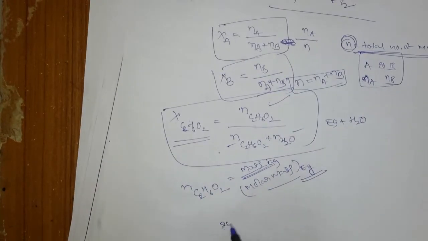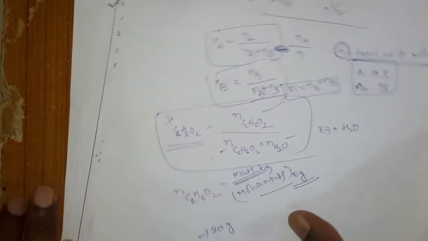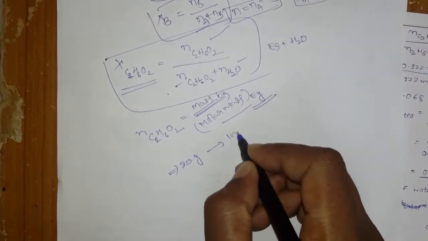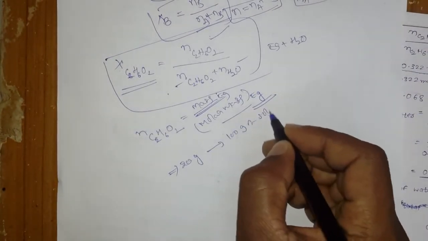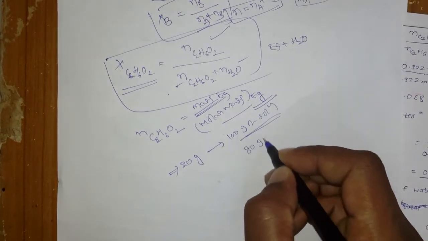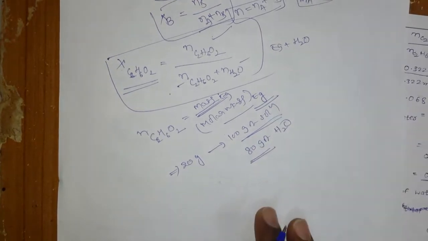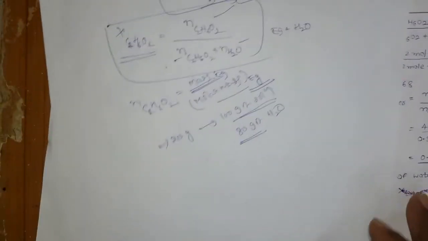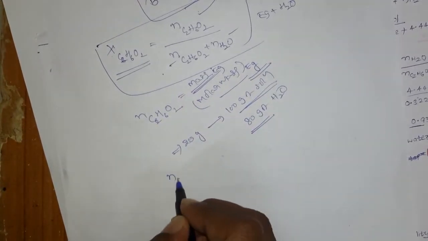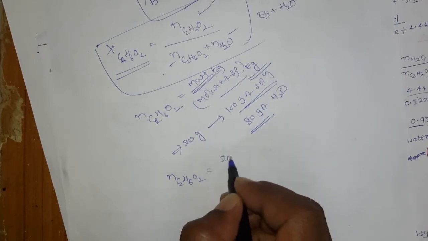You know that it is 20 grams, since 20% was given. That means 20 grams will be there in 100 grams of solution, or else you can say 80 grams of water. So the number of moles of C2H6O2 is equal to the mass, which is equal to how much?